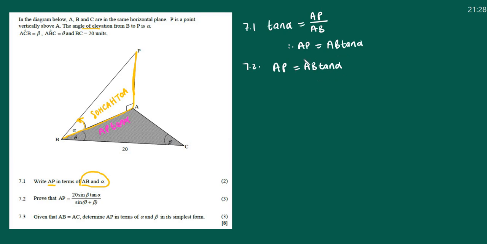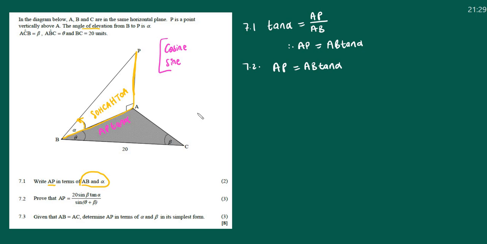If I can find AB, I can simplify AP to be like what they want. So how do I get AB? This is AB here, right? That is AB there. How will I get AB? Which rule must I use? Cosine rule, sine rule. They didn't talk about area, so I'm only gonna choose between these two.